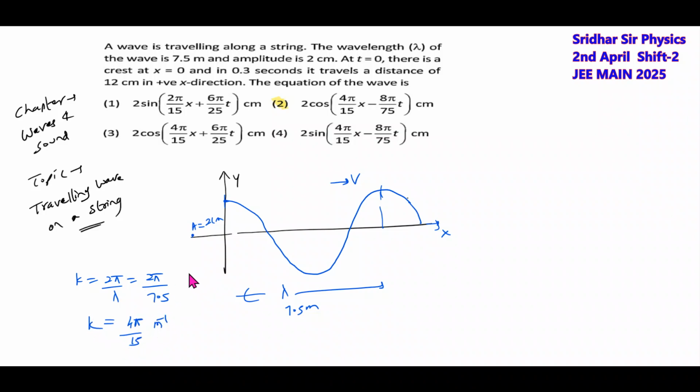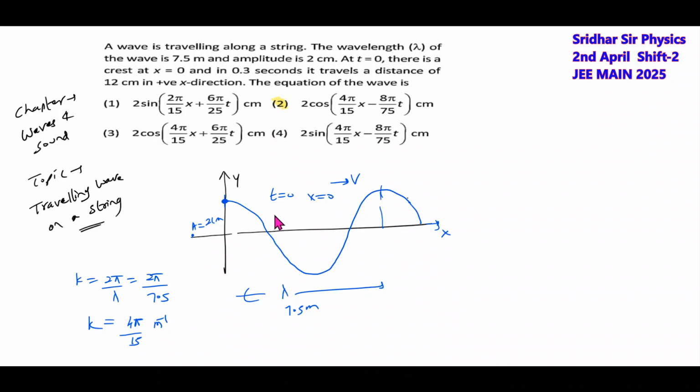This is the value of k, the propagation constant. Then we know the amplitude. At t equal to 0, the crest is at an amplitude of 2 centimeter. So we have to take the cos equation, and the wave is propagating along the positive x-axis.